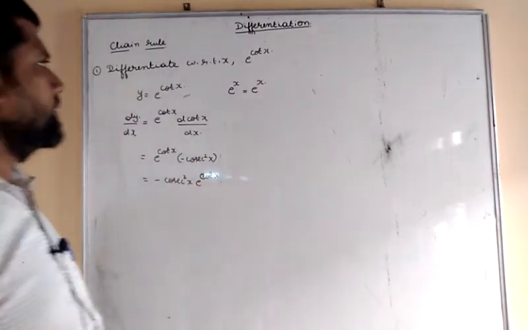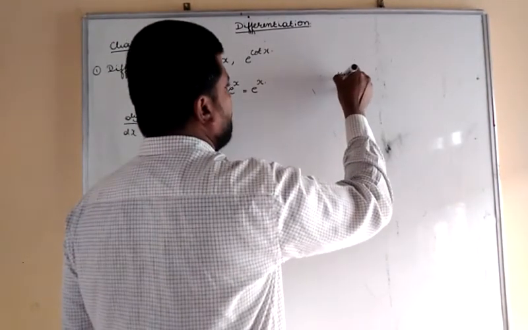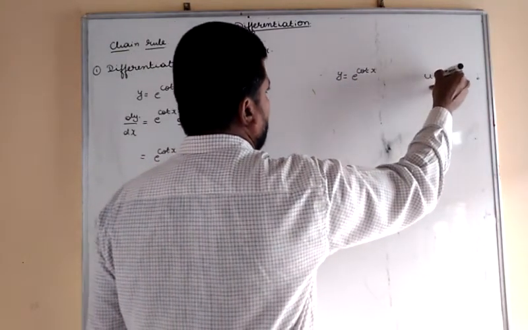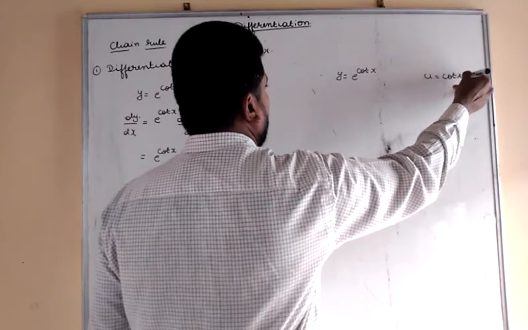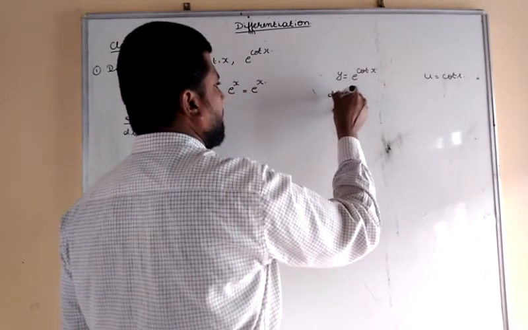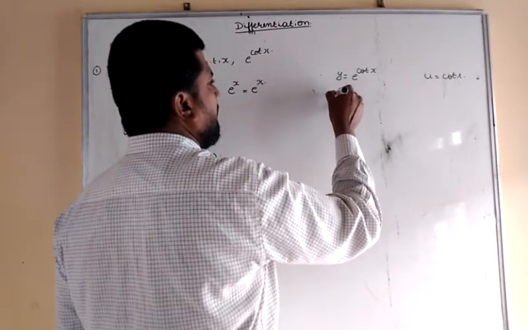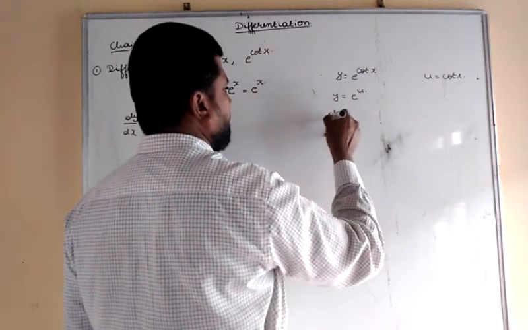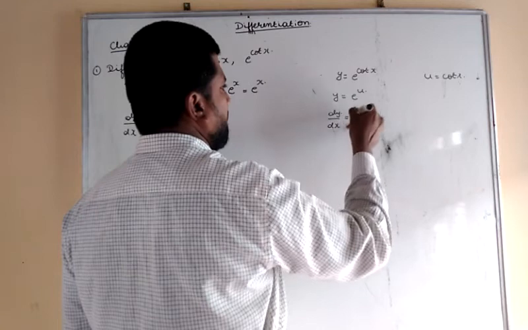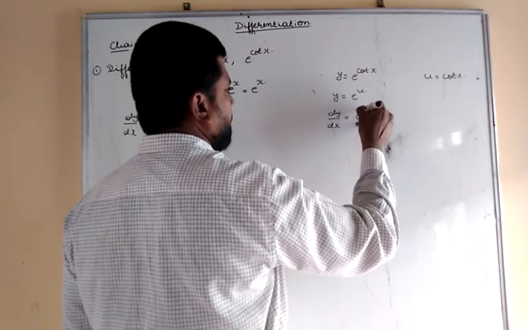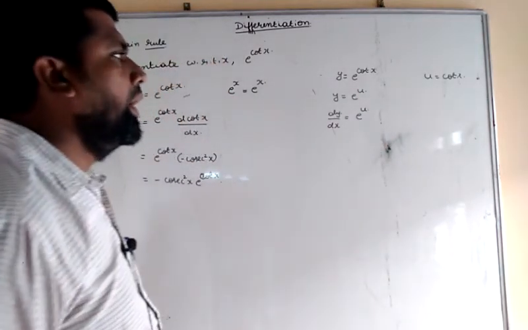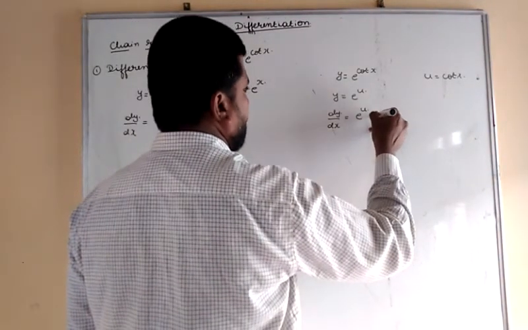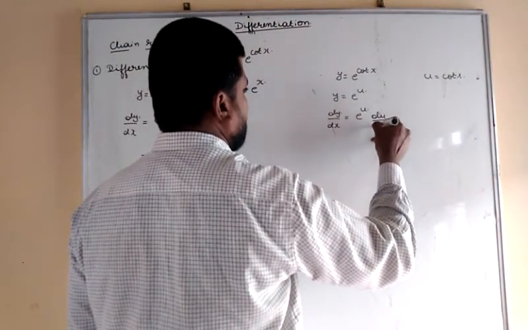We can also solve this by the substitution method. For e to the power of cot x, let u equal cot x. Substitute first: y is equal to e to the power of u, then dy by dx is e to the power of u only. Here u is a function, so we differentiate u with respect to x.